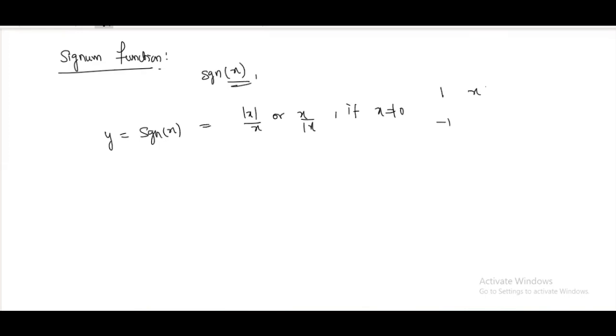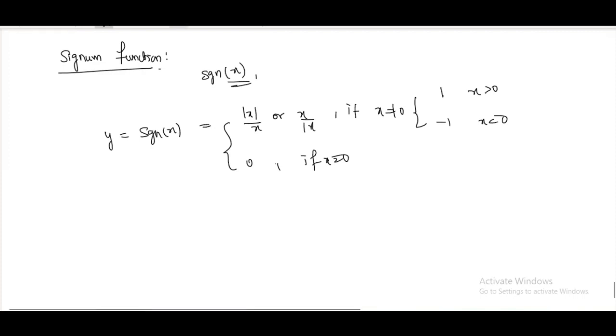That means 1 when x is greater than 0, and -1 when x is less than 0. When x is equal to 0, the signum function becomes 0. So we get only three outputs: +1 for x greater than 0, -1 for x less than 0, and 0 for x equal to 0.